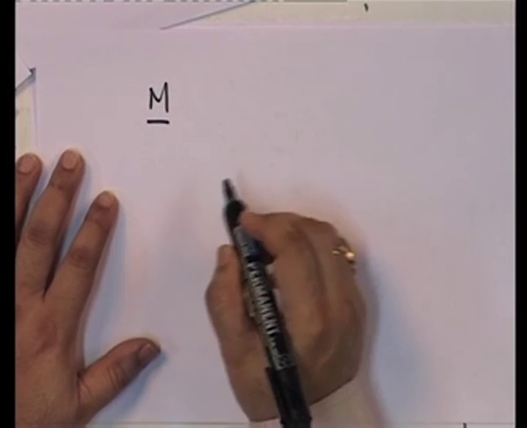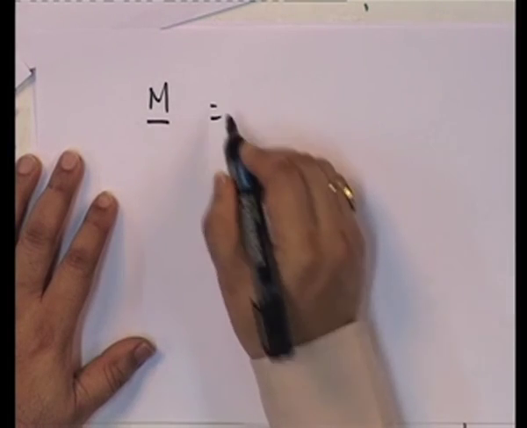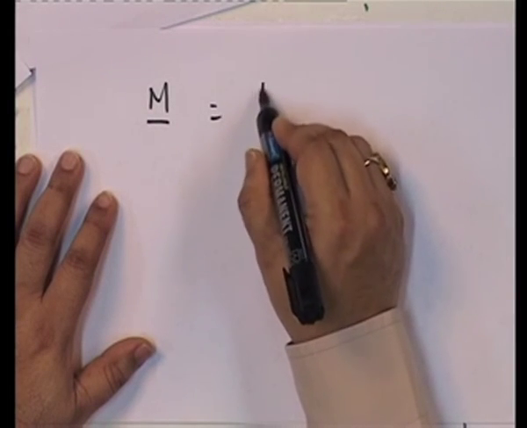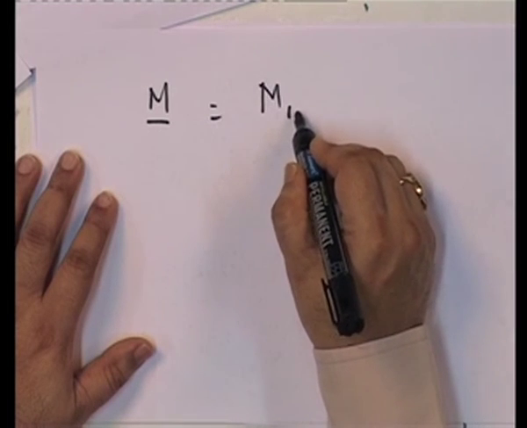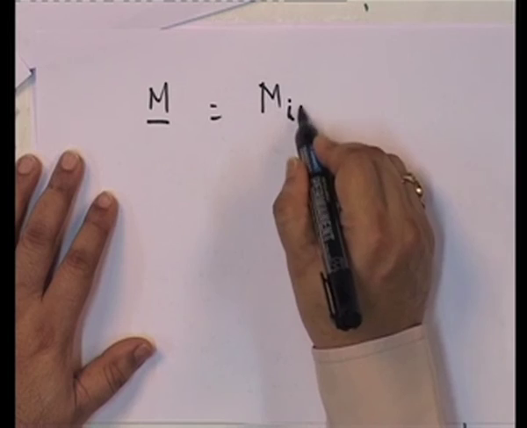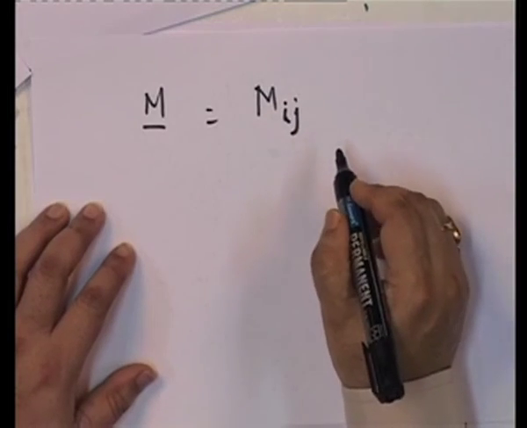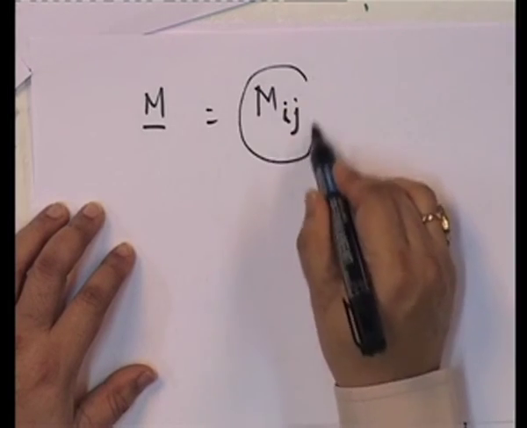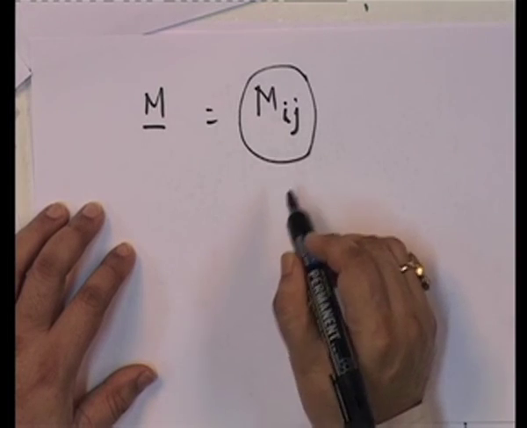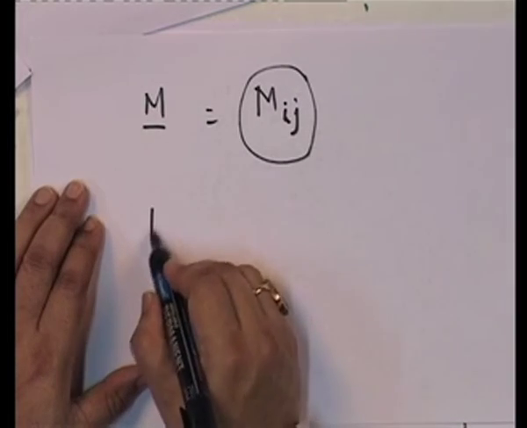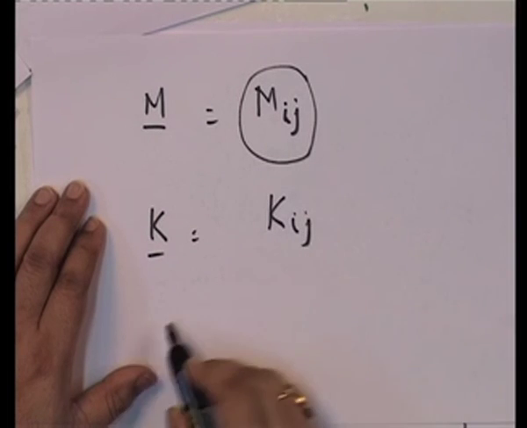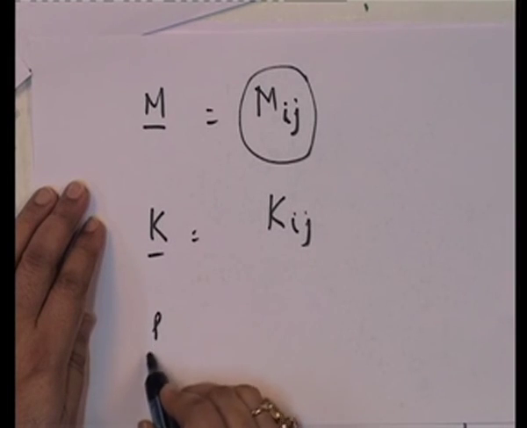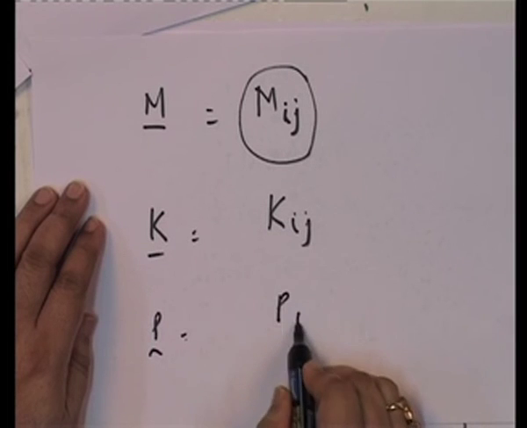the mass matrix. All I need to do is find out Mij, and if I find each of them, I have got the mass matrix. For K, I just need to find out Kij, and for P I need to find out Pi.